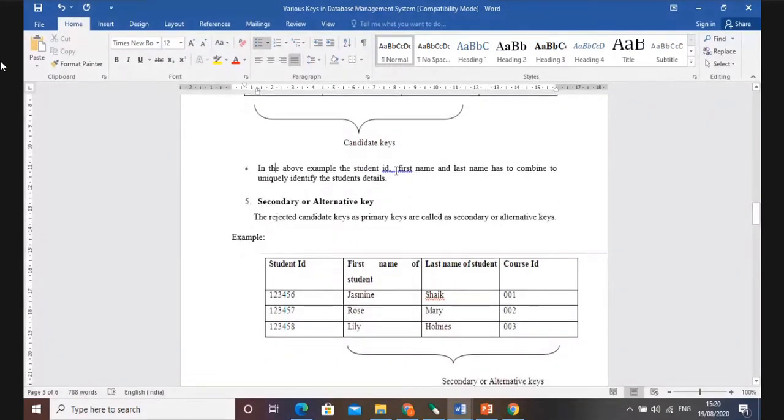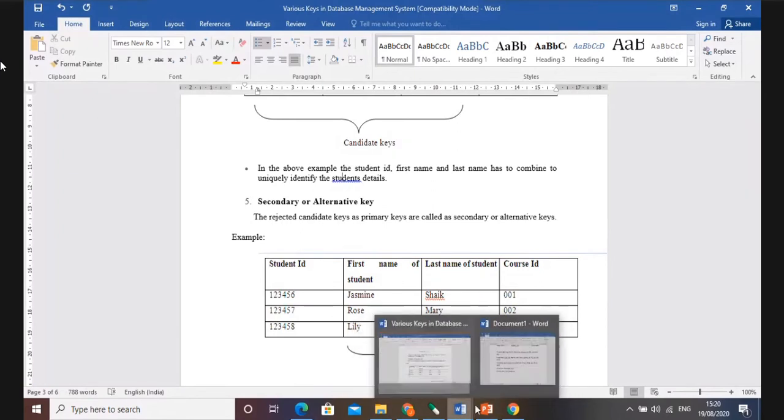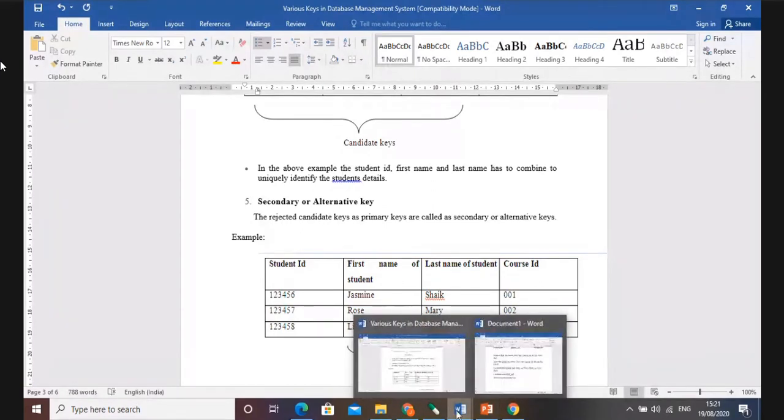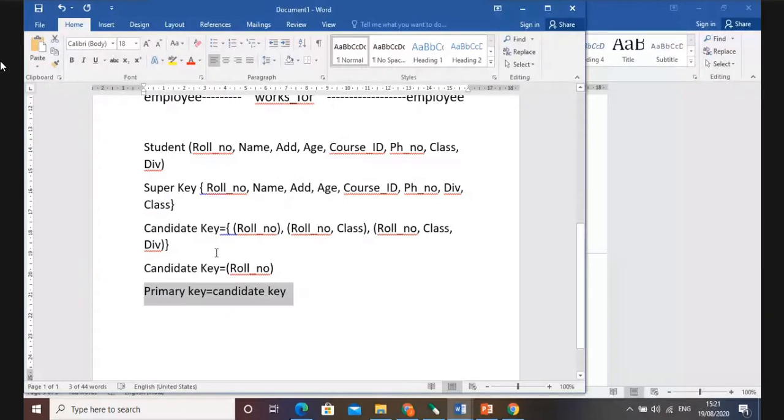Then we have the secondary or alternative key. The candidate keys rejected as primary key are called secondary or alternative keys. In this case, from this candidate key I have three options: one is roll number, one is this, and the third is this.